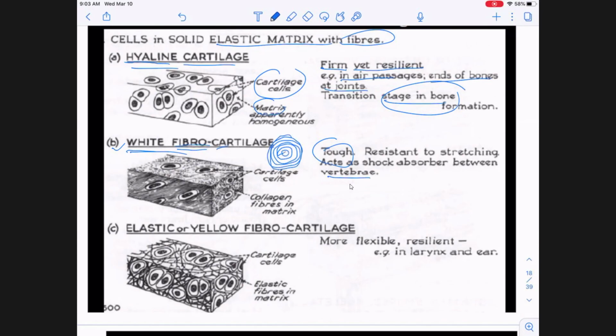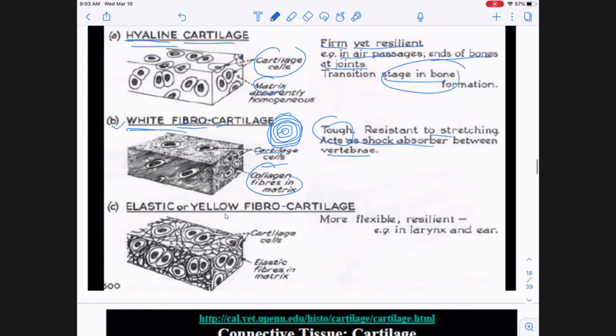It's tough, layer by layer, making a wrapped structure with cartilage cells and collagen fibers, resistant to stretching, as a shock absorber between the vertebrae. And the third type is the elastic, yellow fiber cartilage. It's more flexible, resilient, in the ear. So this one has cartilage cells and elastic fiber in the matrix, also with collagen always there.